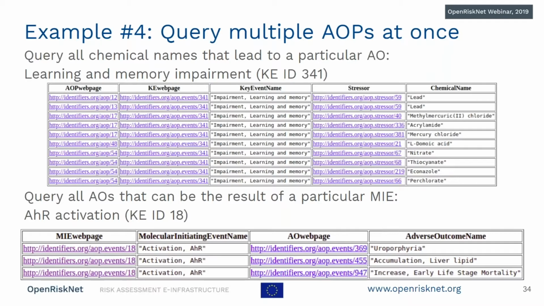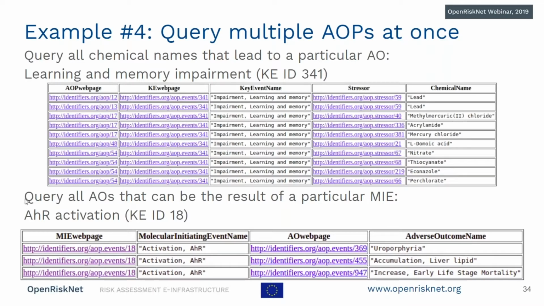From there, we want to know which stressor relates to this molecular initiating event and which chemical is related to that. So this kind of question also covers many AOPs all at once. As we can see in the first example, we queried for all chemicals that lead to learning and memory impairment. And we see that there are at least 9 or 10 chemicals that lead to this adverse outcome through different stressors and through different adverse outcome pathways.